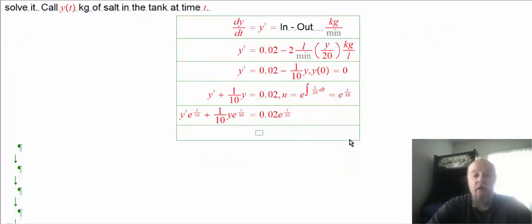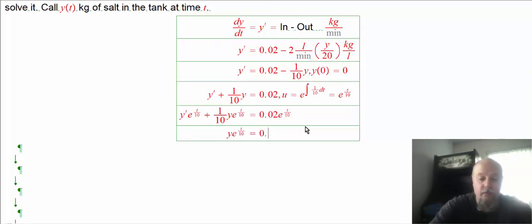Now I'm going to integrate both sides. The left-hand side just is going to integrate to be y times the integrating factor. The right-hand side is going to integrate to be 0.2 now plus a constant. So now from this step to this step is me integrating both sides.